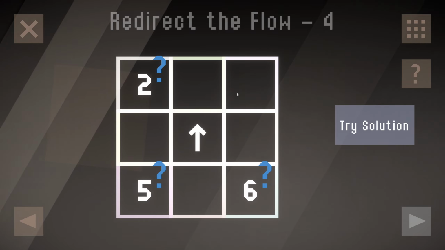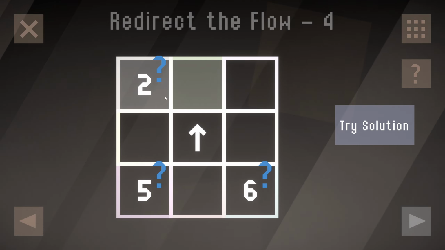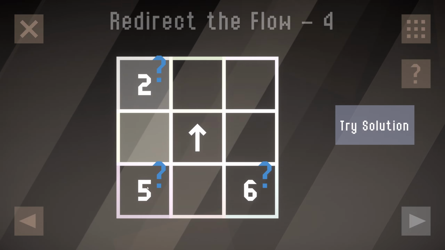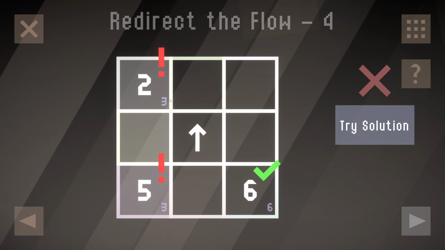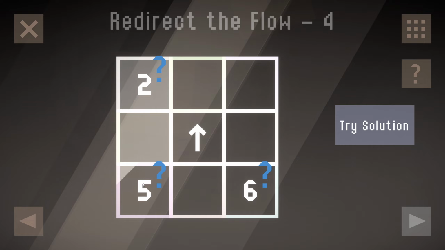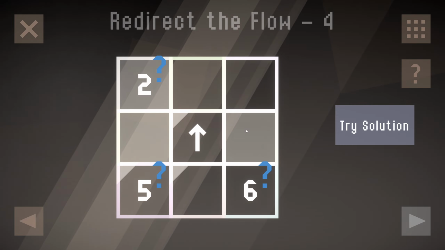This 2 is either going to be this or their inverted version of. If it's this, then this 5 can't be the same because this makes a 3, so this has to be different. 5 is 1, 2, 3, 4, 5.